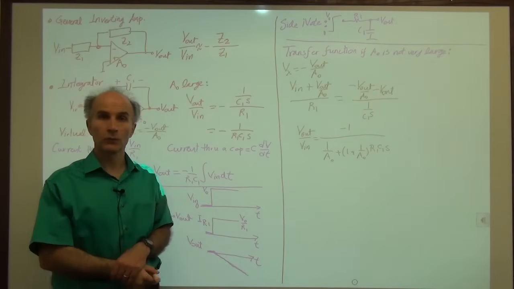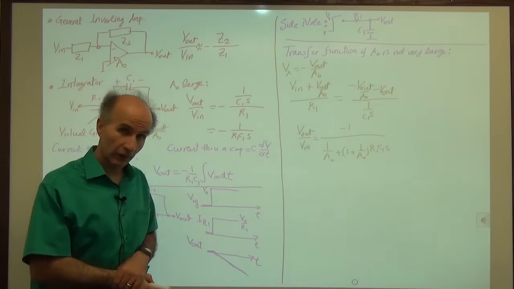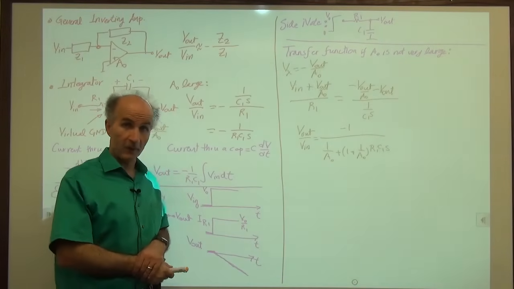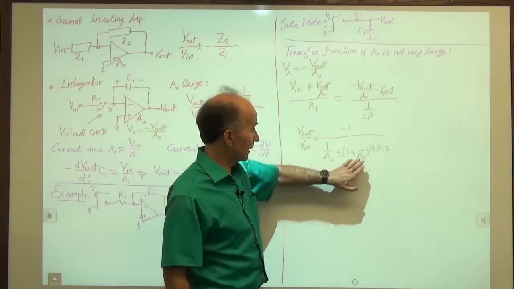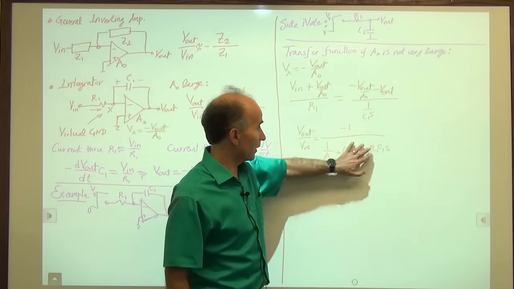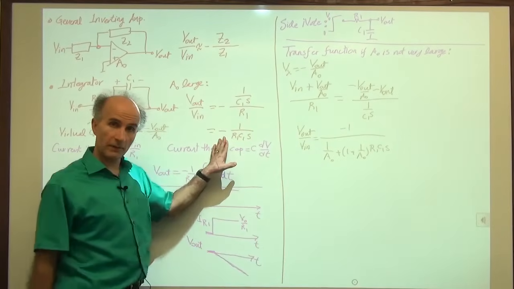That is the closed loop transfer function of the integrator if the gain of the op amp is not very large. And you can see that if A0 goes to infinity, this goes to 0, this goes to 1, we're back to the idealized situation.